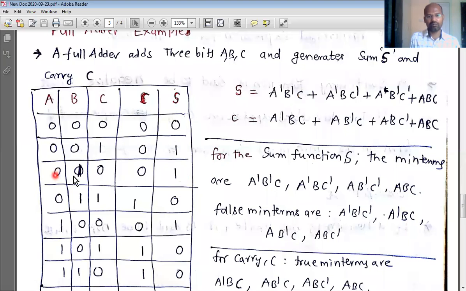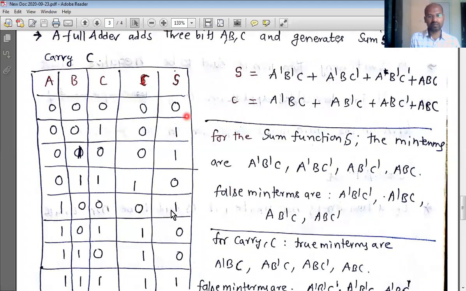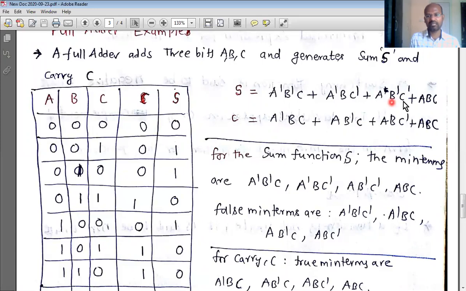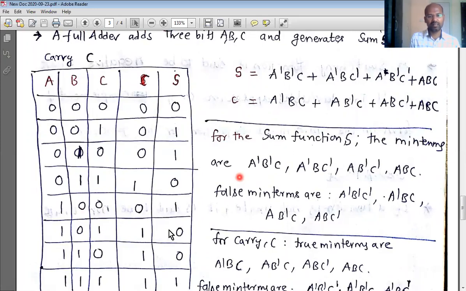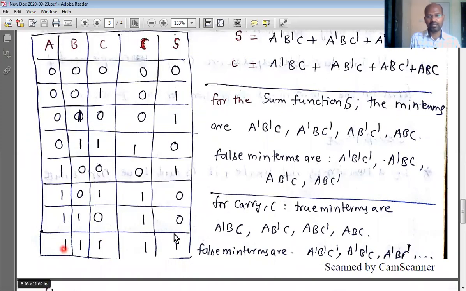The same for A0, B1, C0. A0 means A bar, B1 means B, C0 means C bar. There is another combination for which the sum also becomes 1: A1, B0, C0. How do you write this? A, B bar, C bar. That is written here. And A, B, C is written here.